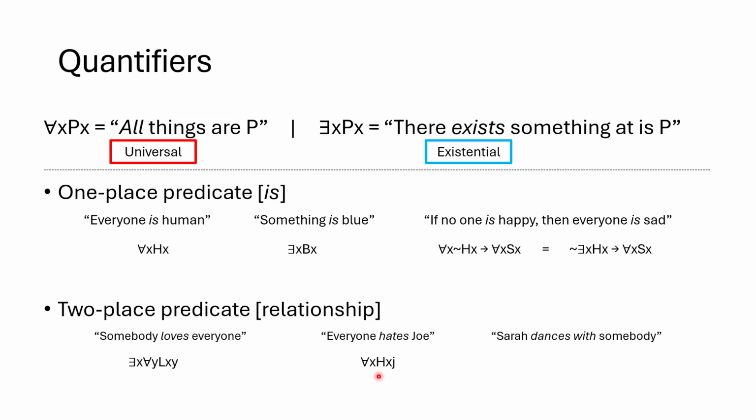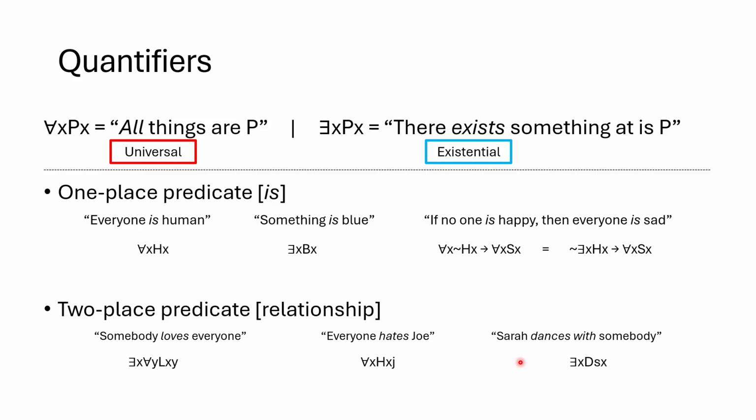And so the X here in the two-place predicate is capturing that everyone, so that's the subject here. So everyone is the subject, Joe is the passive object, and we just fix this universal quantifier in front of the H, our predicate, to say that for this statement, X refers to everyone, and then J is the constant, Joe.